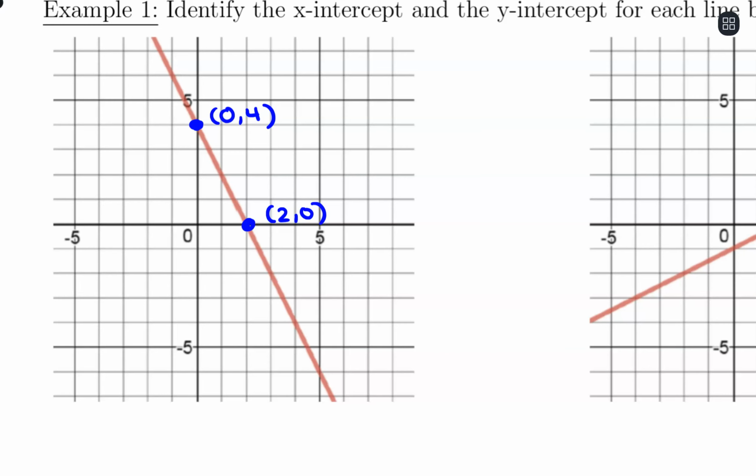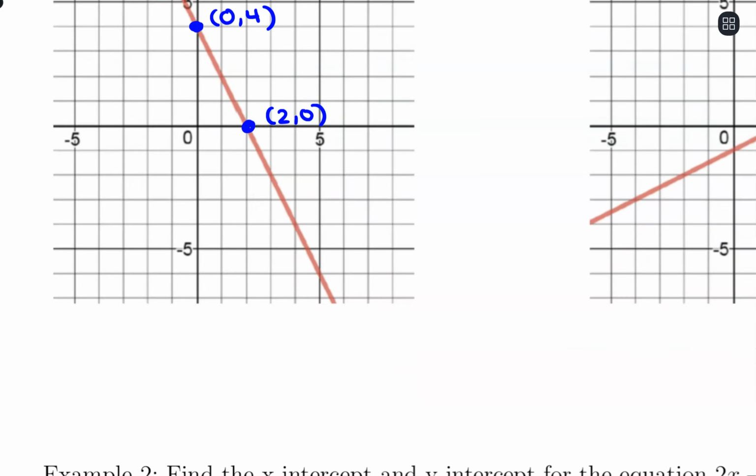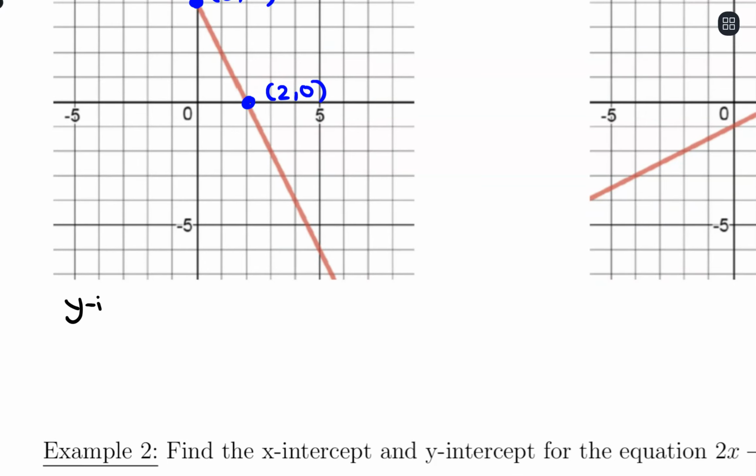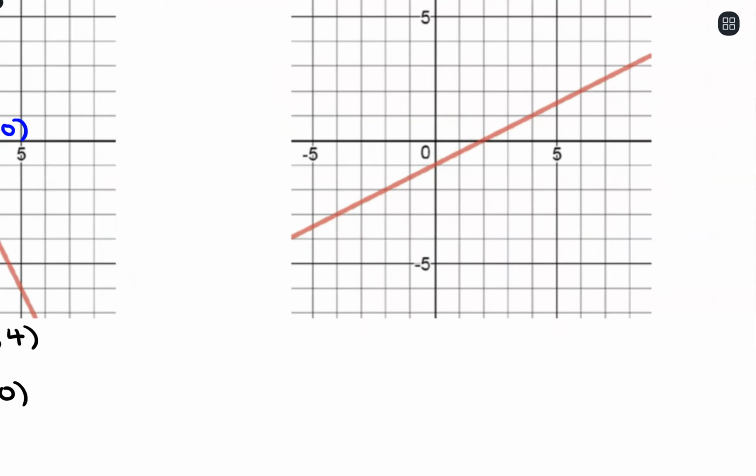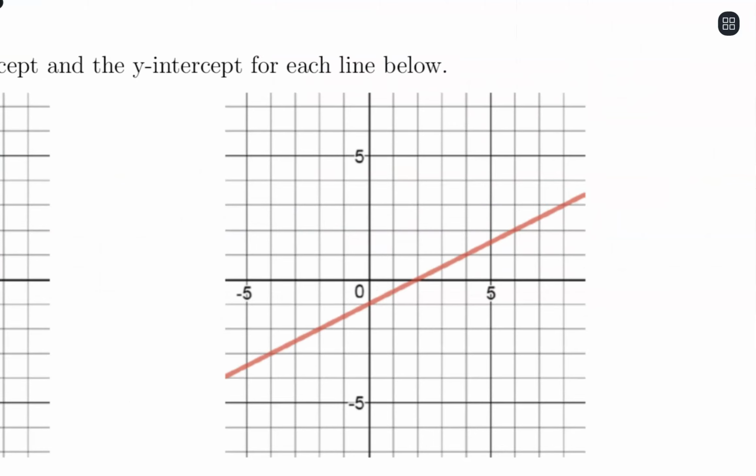So 0, 4 is intersecting the y-axis, so that's what's making it the y-intercept. So x is 0, y is 4. Then the x-intercept is going to come from that coordinate 2, 0, coming from where we're intersecting the x-axis, so 2, 0.